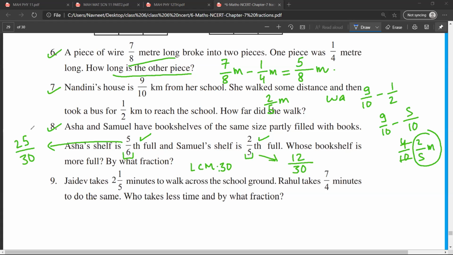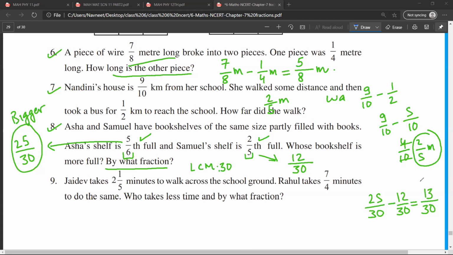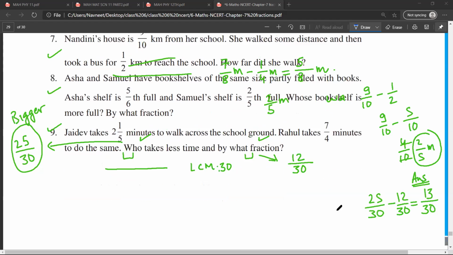Asha's would be bigger. And by what fraction? I need to subtract 25 by 30 and 12 by 30. The answer would be 13 by 30. Have you understood? Yes, sir. Okay, nice.